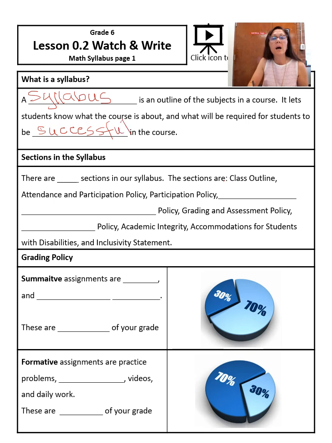So there are 9 sections in the syllabus. Now, the sections are titled Class Outline, Attendance and Participation Policy, and then comes the Late Assignment Policy.